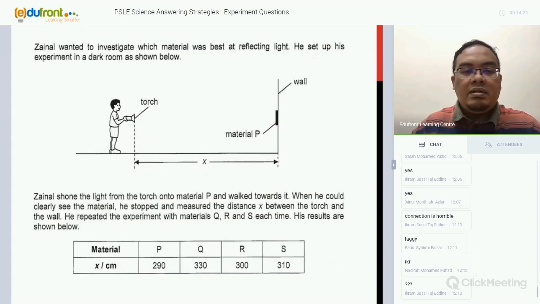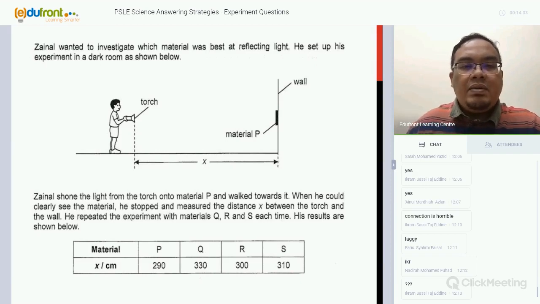Right? Very good. Now, this is another example of an experiment question under the topic of light. Okay, a past PSLE question under the topic of light. Okay, so Zainal wanted to investigate which material was best at reflecting light. So you can see here, this is the aim of his experiment.